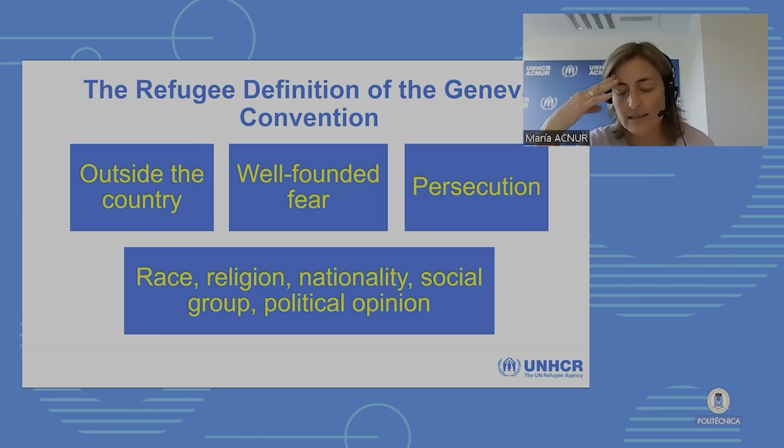That means that we can, for instance, find people that left the country long ago for different reasons. Suddenly a situation happens in the country, a conflict, a change in the laws, etc., that makes it impossible for that person to return, because if he returns, that person would be at risk of being persecuted.